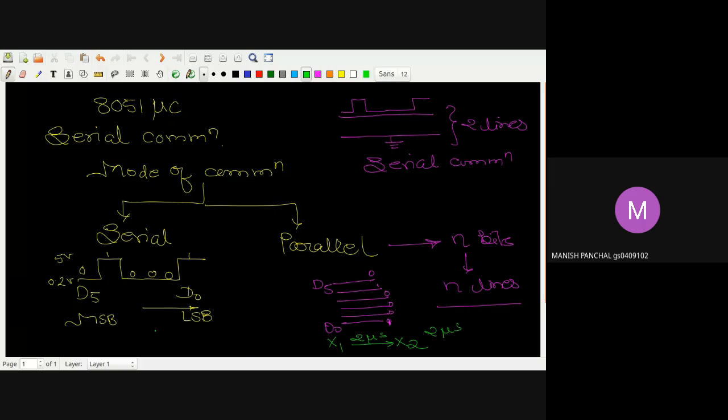But if you are sending the complete information serially, each bit will take some time, for example 0.5 microsecond each. So the total will take 2.5 microseconds, which is very, very slow compared to parallel communication. I mentioned 2 microseconds for parallel communication; it may take even a little less time.